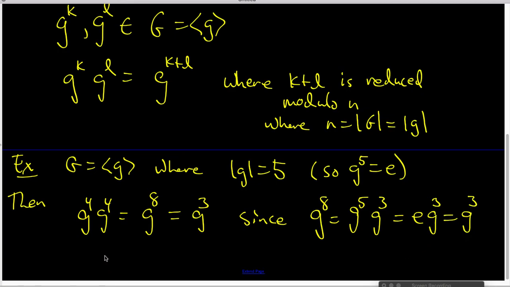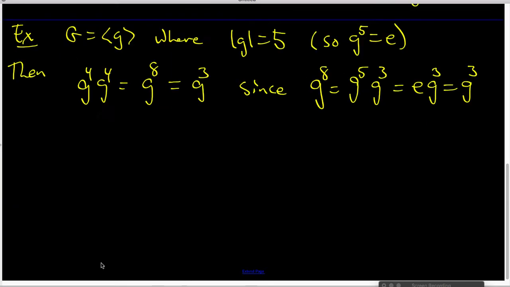Now, what I want to do next is think about the fact that we're doing modular arithmetic on the exponents, which means this generic group looks a lot like Z n. So let me write that down.